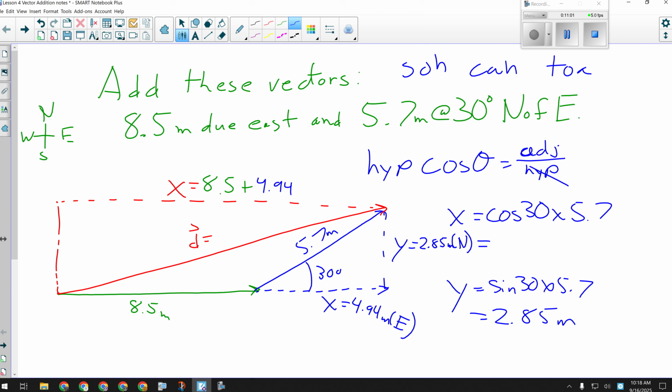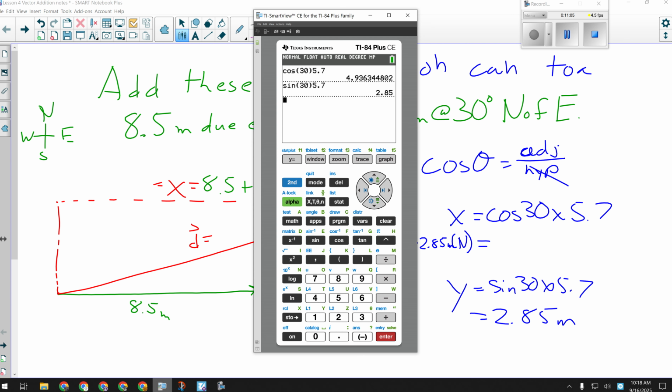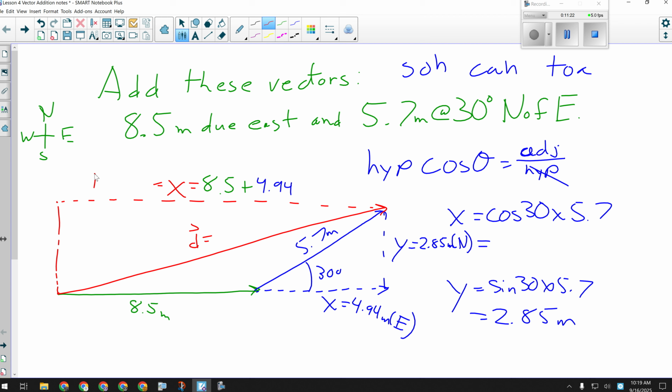If I do that, I use all my decimals, remember? So I'm going to use that number there, plus 8.5. So in total, this object travels 13.44 meters east. I'm going to keep all those decimals in my calculator because later trig calculations are going to matter.